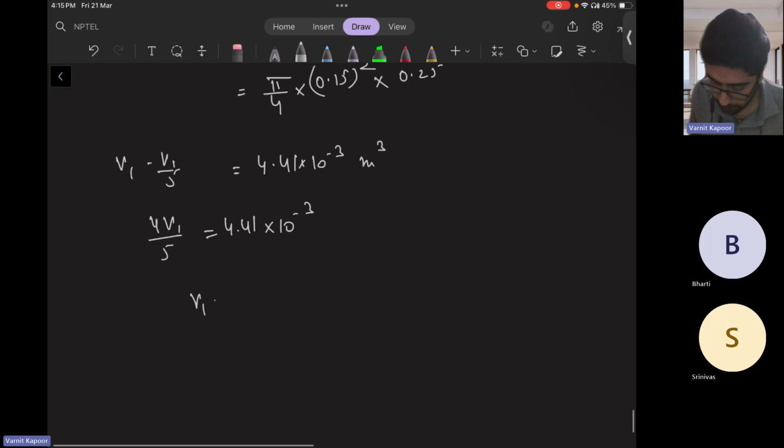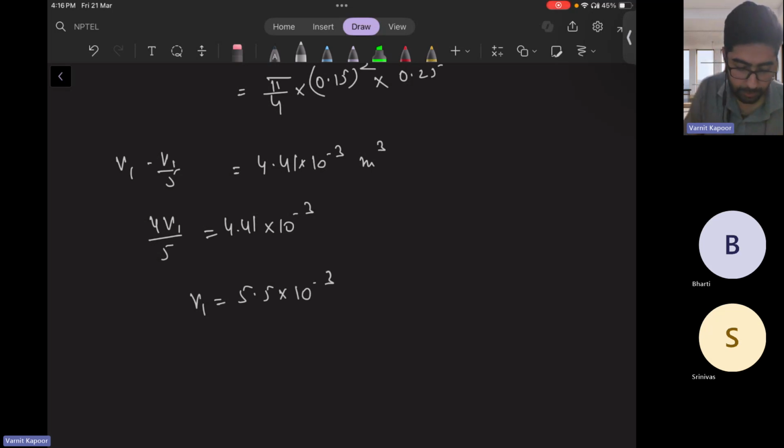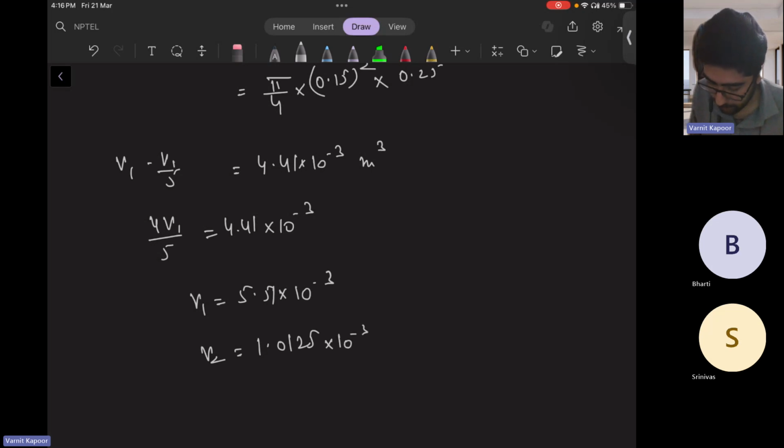So from here you get V1 coming out to be 5.51 into 10 to the power of minus 3. Let's calculate as well. So 4.41 into 5 divided by 4, 5.51. So V2 will be 1/5, 1.1025 into 10 to the power of minus 3 meter cube.